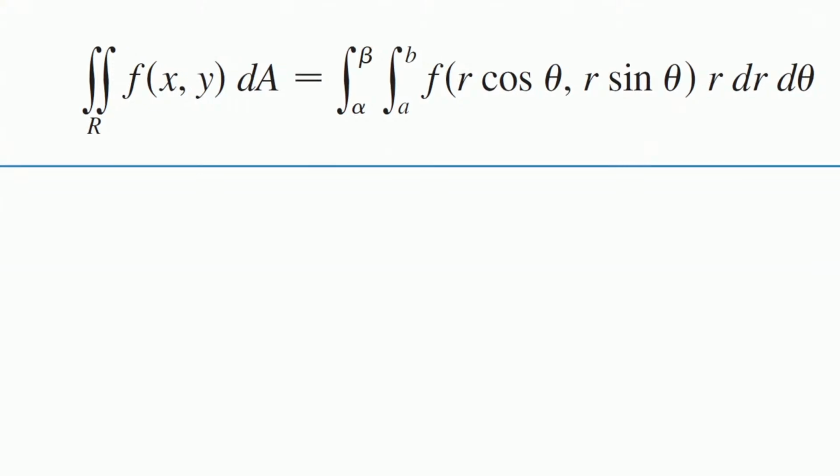So you have a double integral where the region is a nice circular chunk. So R here is a nice circle, or a piece of a circle.